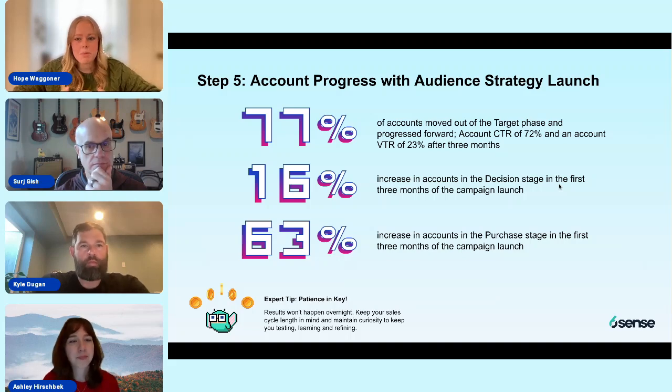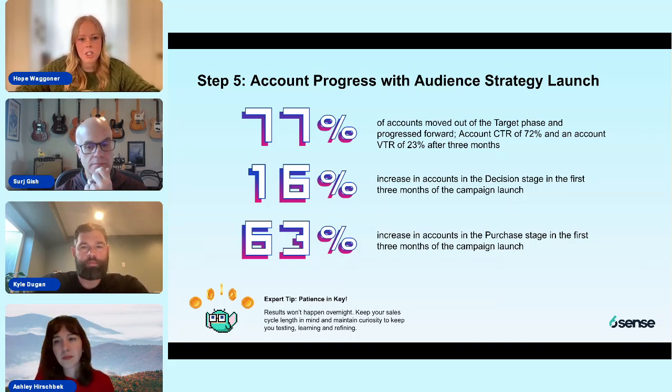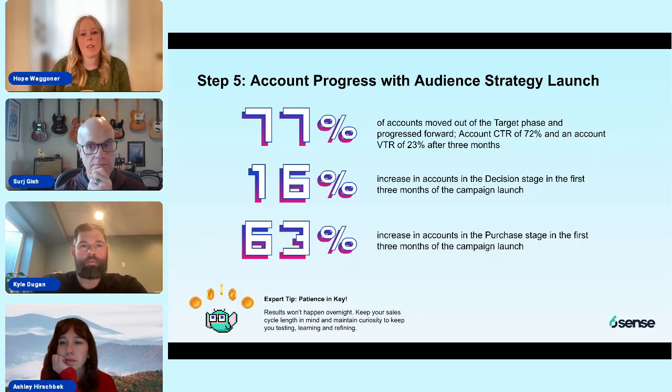For this campaign specifically, we saw some really incredible metrics right out the gate. So this launched in April, and we had a 3-month campaign of this with these metrics. We were able to see some incredible account progress. The first that we're really proud of is 77% of our accounts moved out of that target phase and progressed forward. We saw some really strong engagement with that account click-through rate of 72%, which feels unheard of for us.